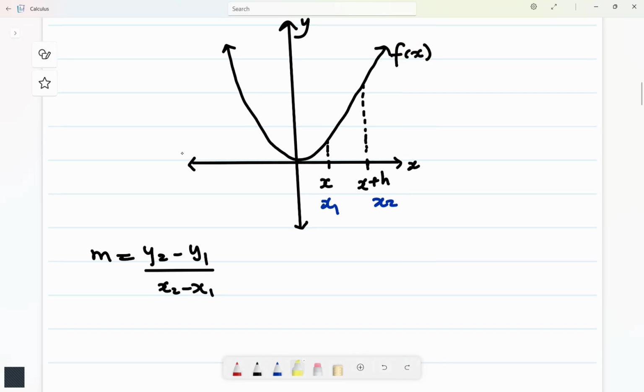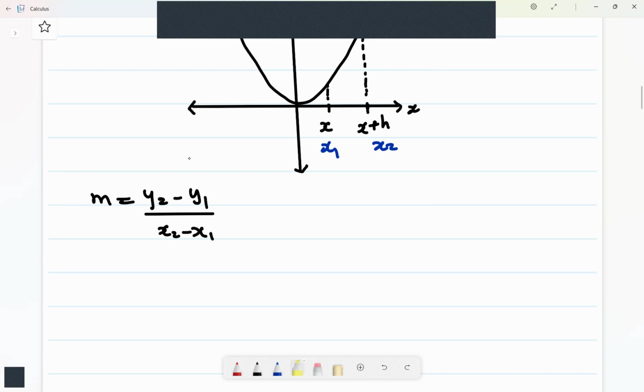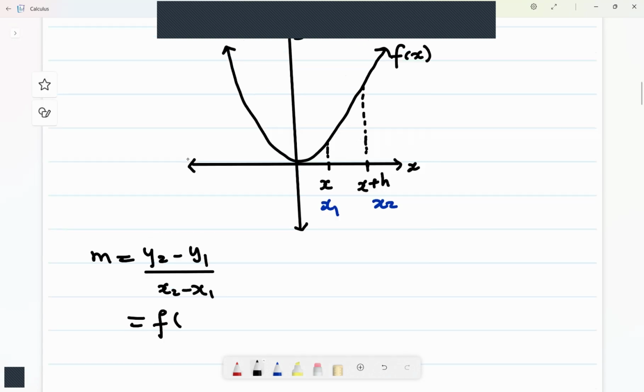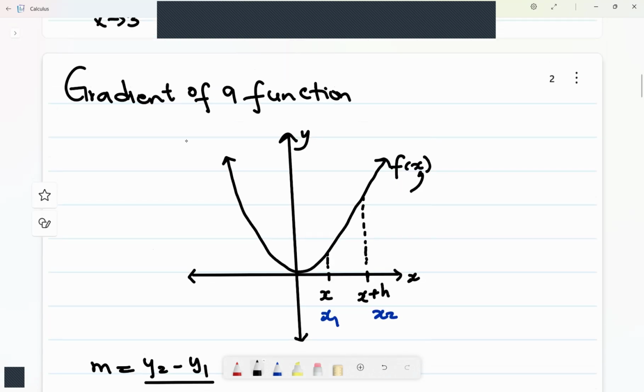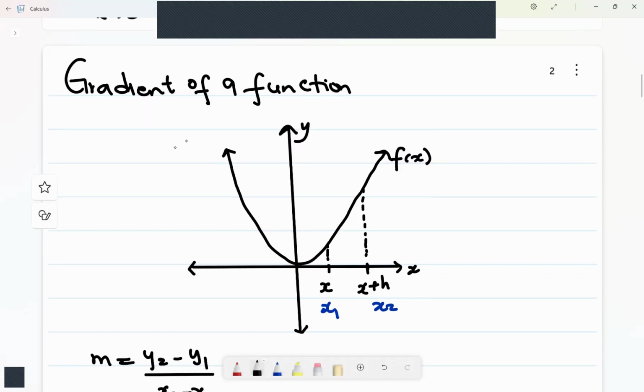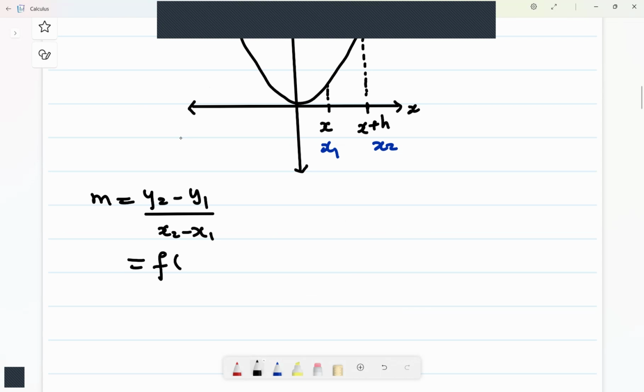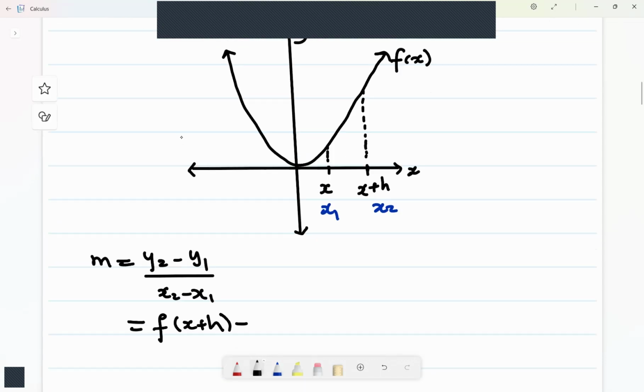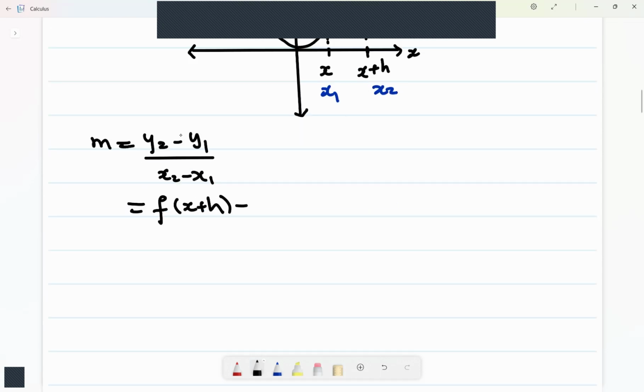So instead of stressing ourselves, we can say this will be f of x plus h, when x is x plus h, okay? So this is going to be f of x plus h minus f of x, okay?